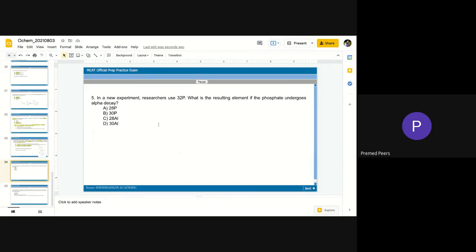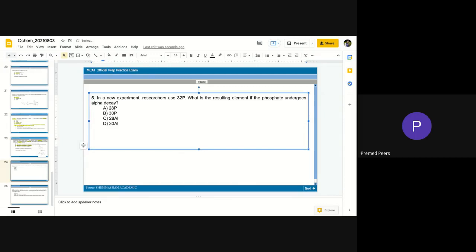Let me remind you that alpha decay means you're taking helium, which has an atomic mass of 4 with 2 protons. And here we have 32P. So 32 is the atomic mass, and 15 is the proton number.